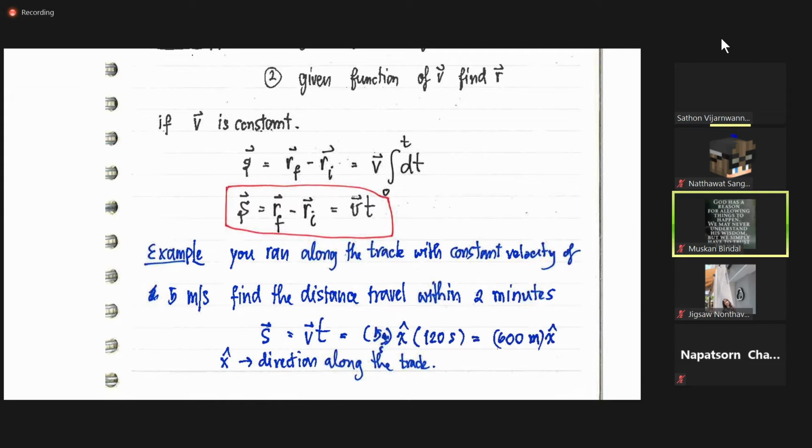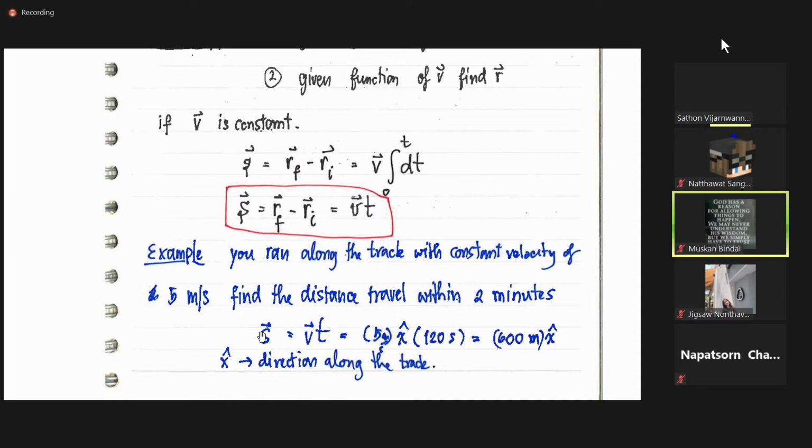So if the track is along the x-axis, the magnitude of the velocity is 5 and the time is 2 minutes or 120 seconds. So the displacement is 5 times 120 or 600 meters along the x-axis.